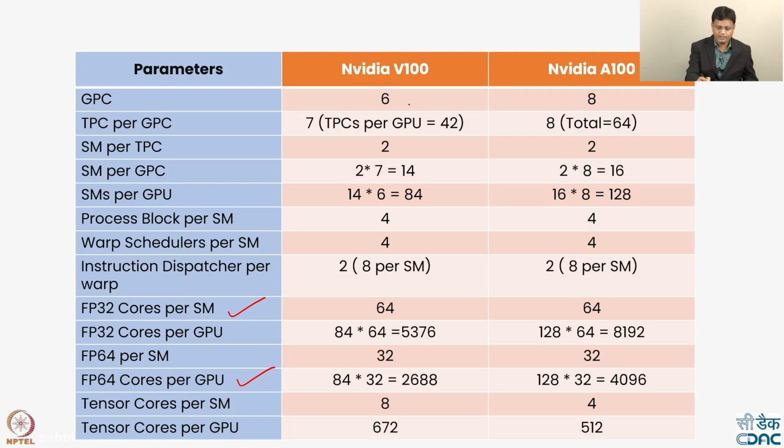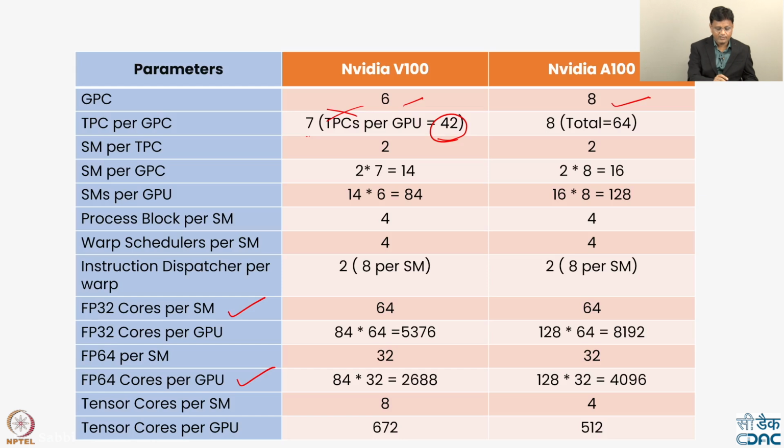NVIDIA V100 has 6 GPCs and NVIDIA A100 has 8 GPCs. Each GPC has 7 TPCs, so you multiply these two and get 42 TPCs per GPU. Similarly, for NVIDIA A100 you get 64 TPCs per GPU.